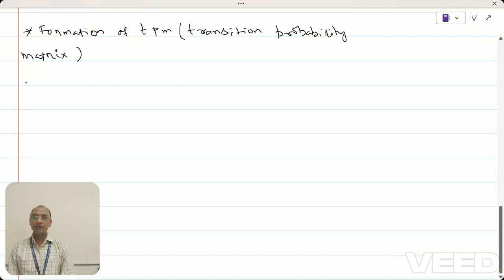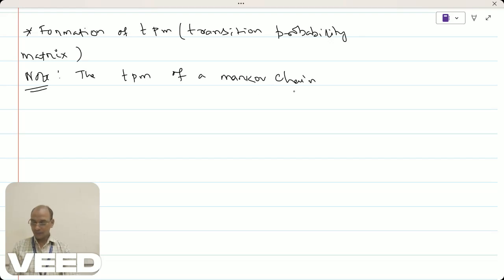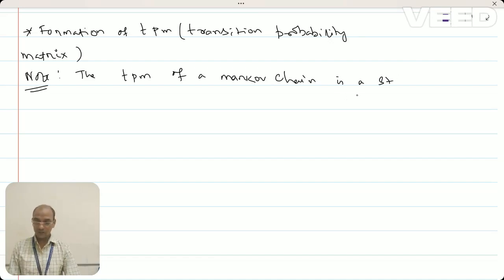Now, here I would like to say one thing before going to construct the transition probability matrix. One thing you should remember: the TPM of a Markov process or Markov chain is a stochastic matrix.